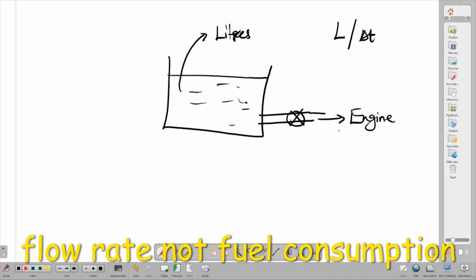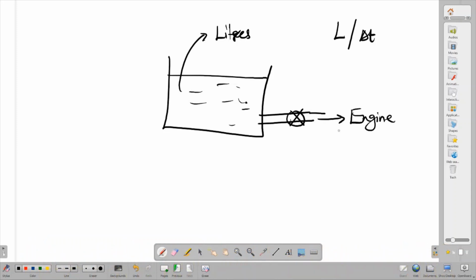Another form by which we can measure fuel consumption is by the use of a flow meter. Here we can do a setup like this.